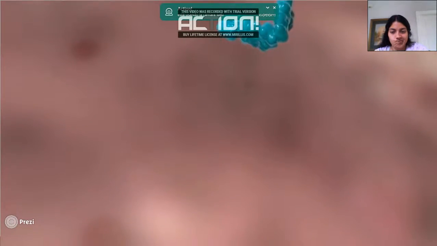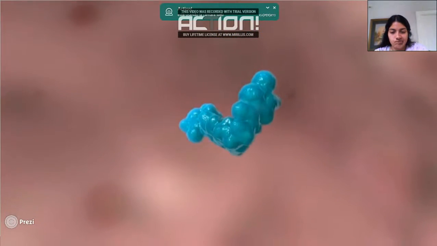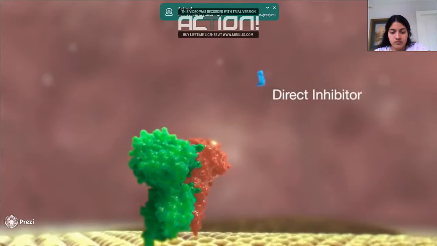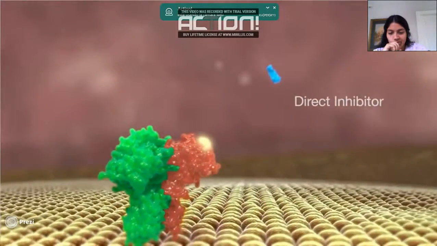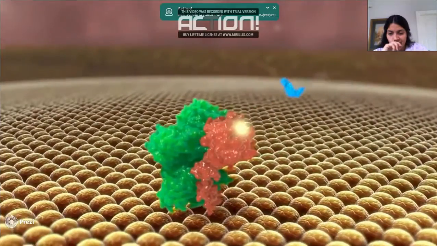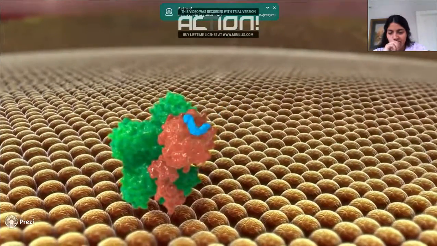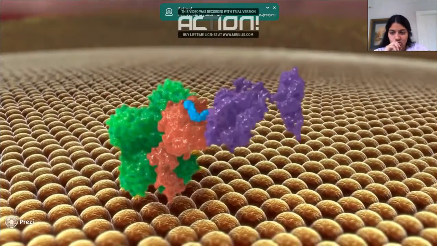Inhibitors of factor 10A work by one of two distinct mechanisms. Small molecule direct factor 10A inhibitors, such as apixaban or rivaroxaban, bind to the active site of factor 10A and neutralize the catalytic activity of the prothrombinase complex.